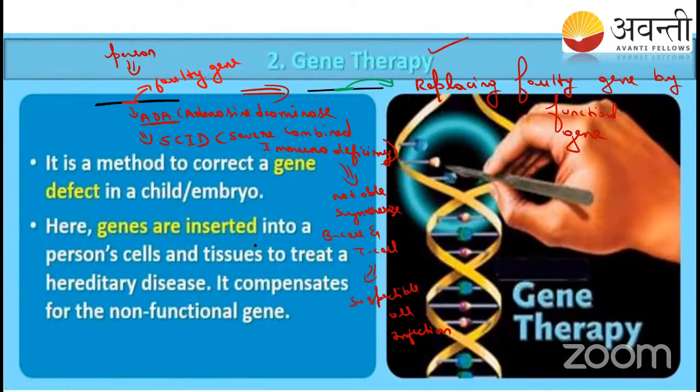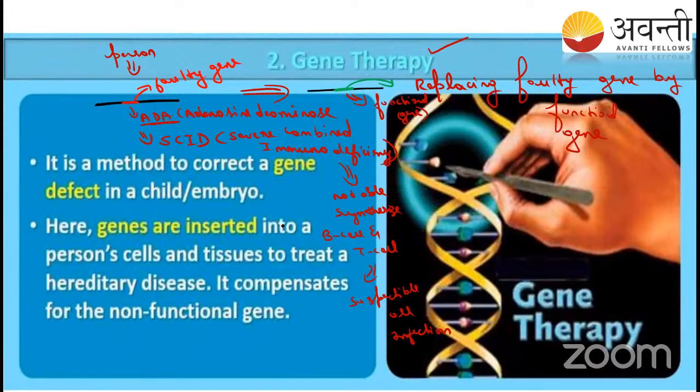Gene therapy is nothing but replacing a faulty gene by a functional gene. Here you can see what I have done: I have removed this faulty adenosine deaminase gene and inserted the functional one. This is what we do in gene therapy.